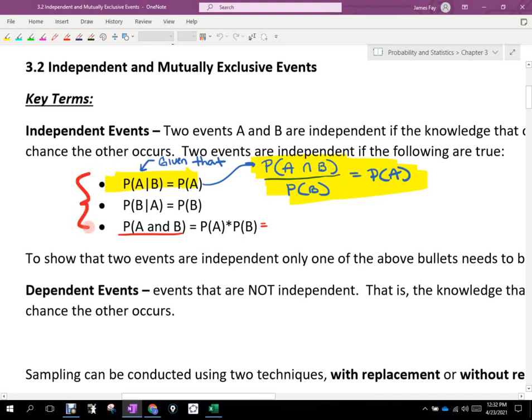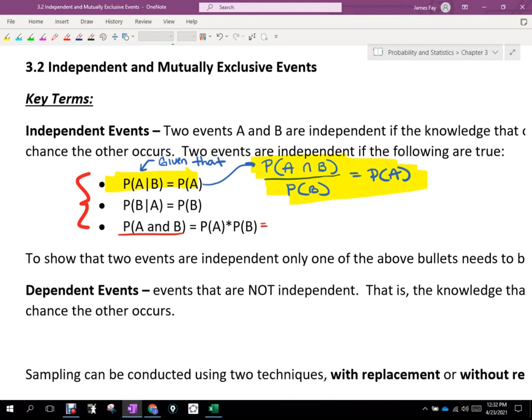These three things, so a lot of times we want to know, are events independent or are they dependent? These three things allow us to do that. We've just talked about the probability of A and B. If it is equal to the probability of A times the probability of B, then the events are independent.